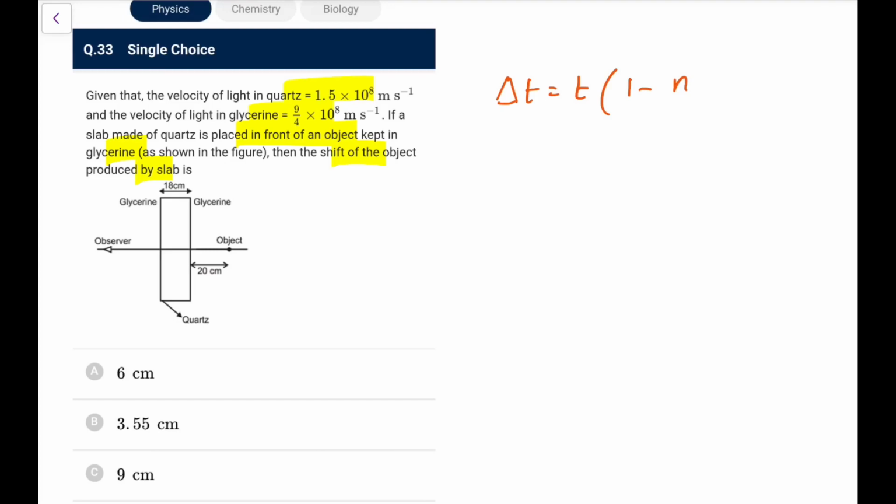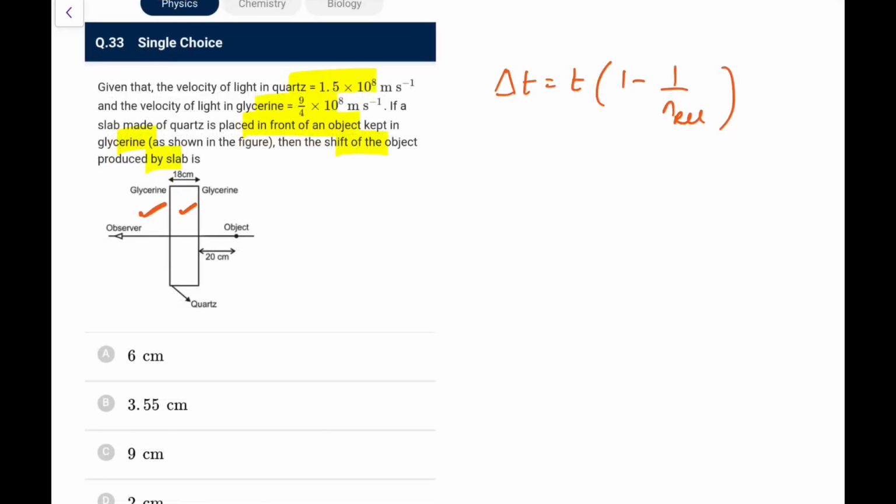First, from the data, n of quartz is equal to 2, and n of glycerine will come out to be 4 by 3.